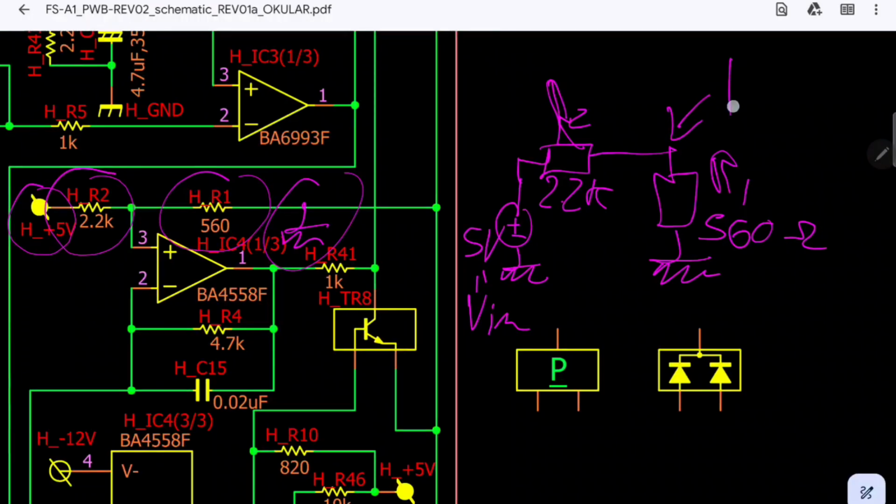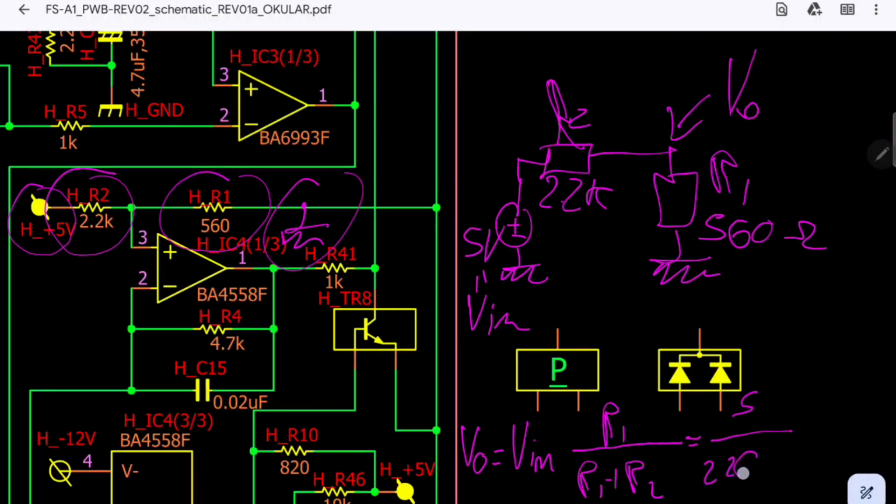Let's call the output VO, the output, and the output will be V in multiplied, this is the formula for the voltage divider, R1 divided by R1 plus R2, the value of one resistor plus the value of the other resistor, and if you do your computations, you'll see that this gives us 1 volt.